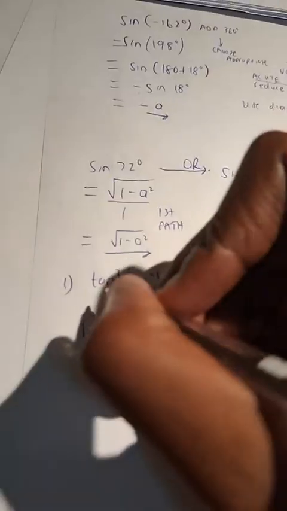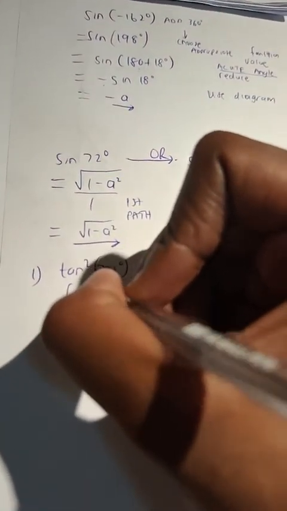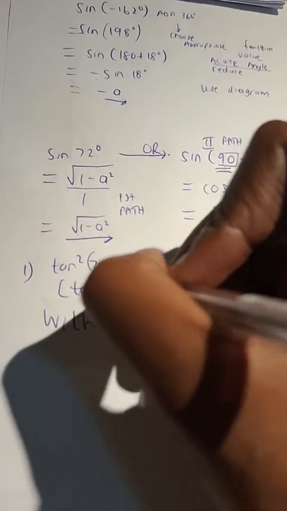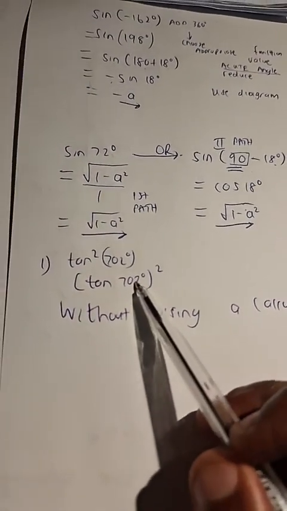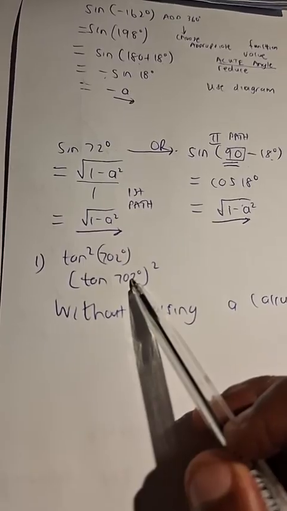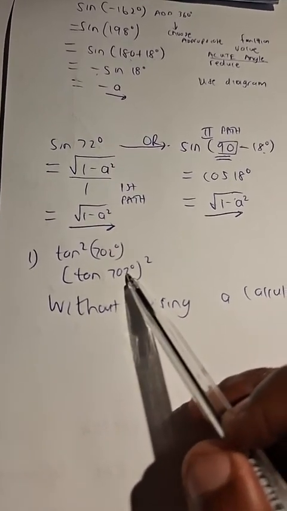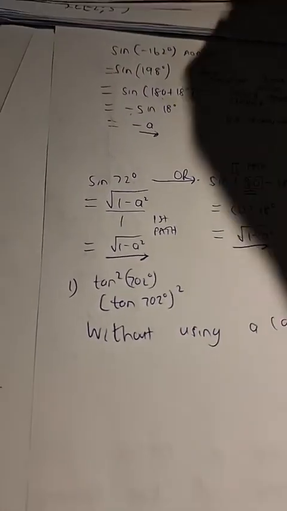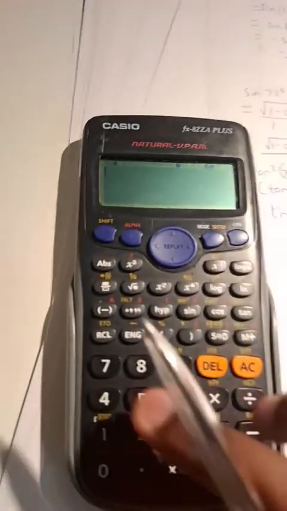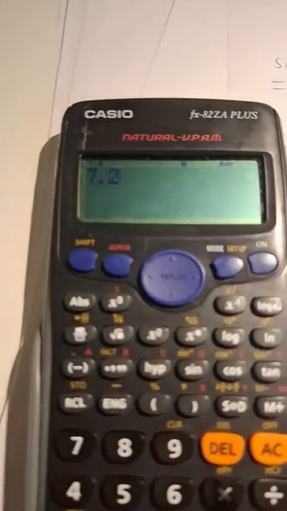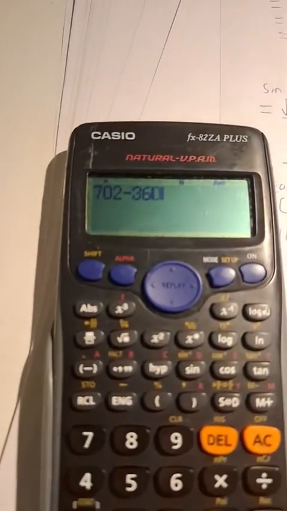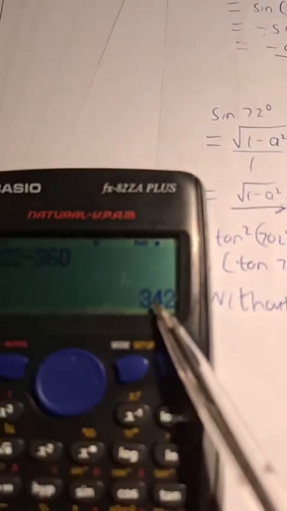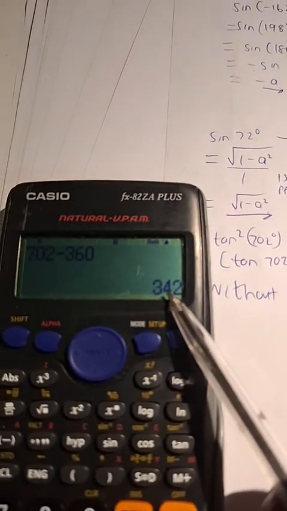So what I did here with tan is I first said tan squared 702, with the square on the outside. What do we do after that? We subtract 360 from 702. You take your calculator and say 702 minus 360 the first time round, we get 342.